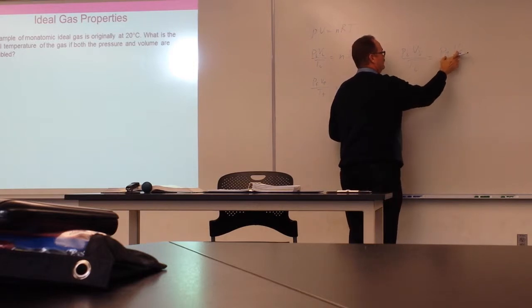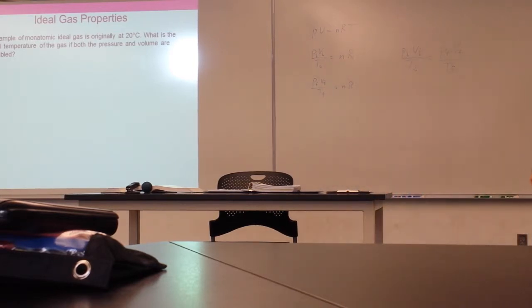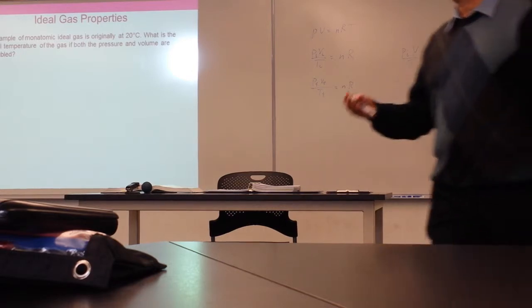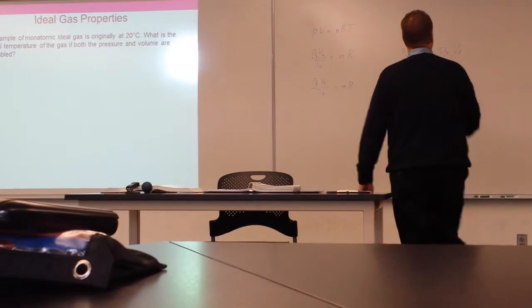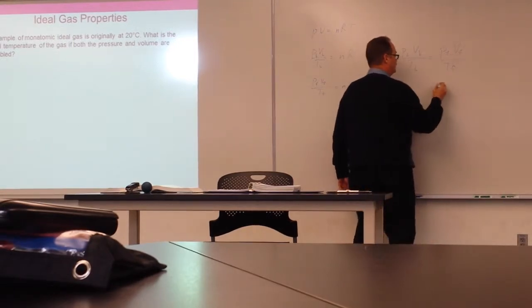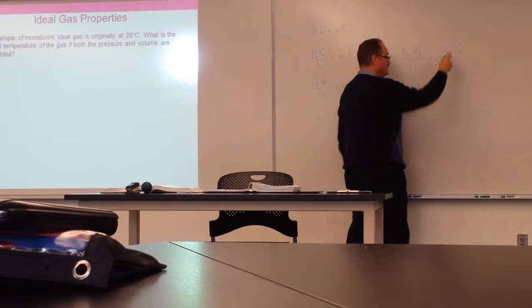So that leads me to this relationship. And then what can I replace that with? If the pressure and the volume double, then what does this become? 2 Pi times 2 Vi.